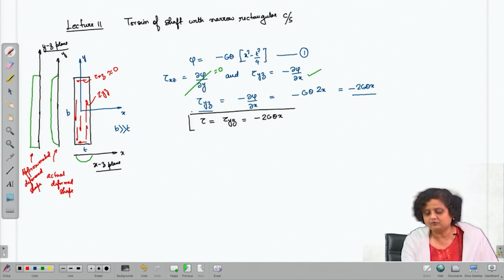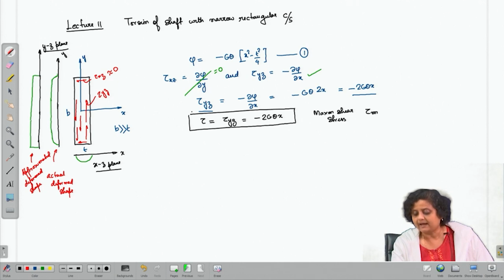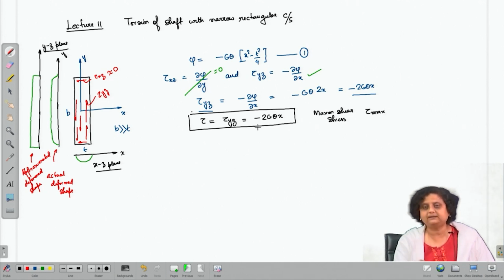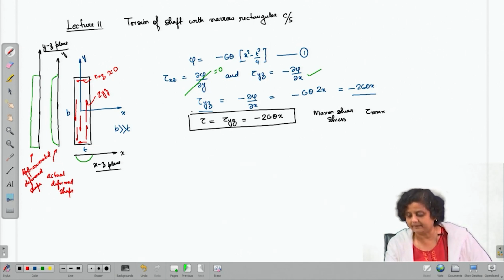Now, if we try to find out the maximum shear stress, how do we find it out? Either by inspecting this expression, we know that tau max will occur at x equal to plus minus t by 2.